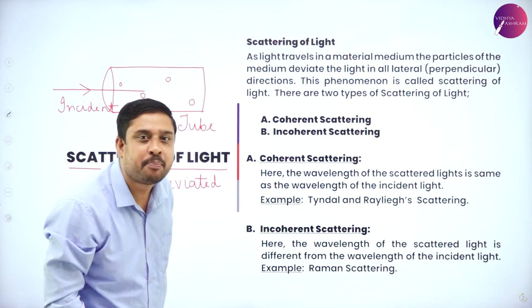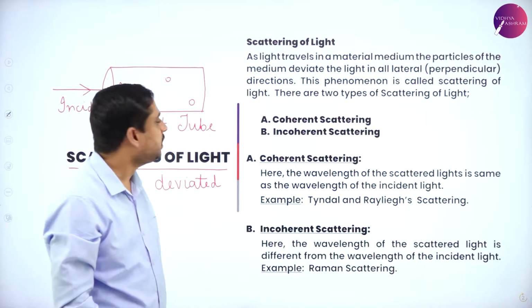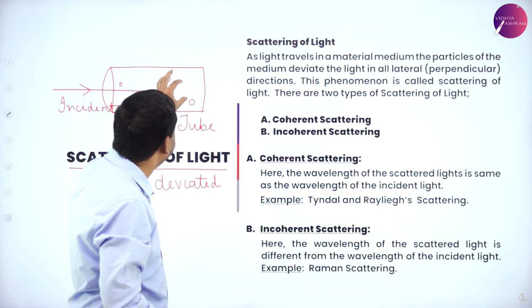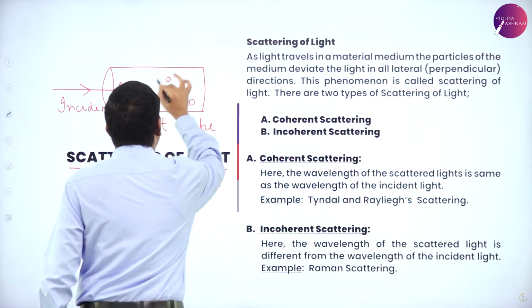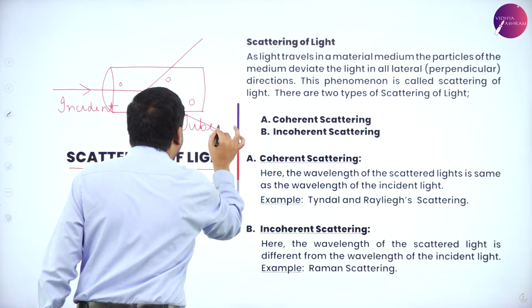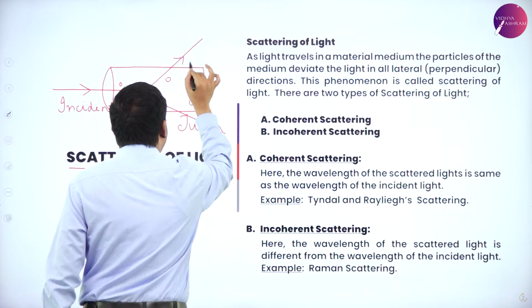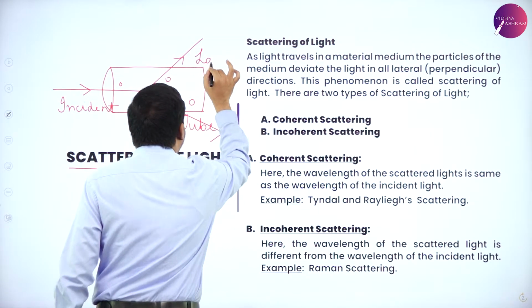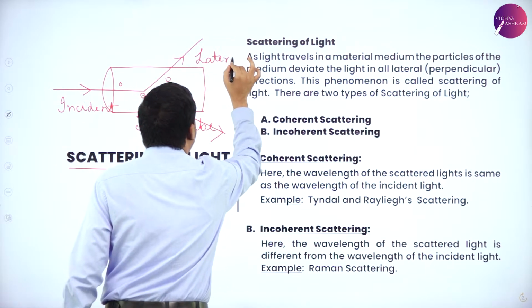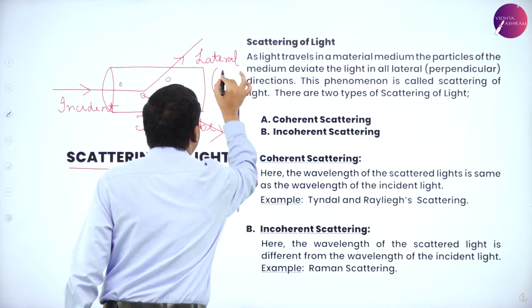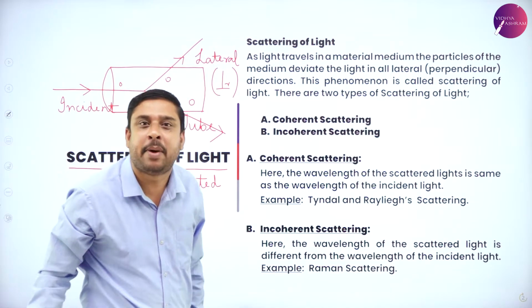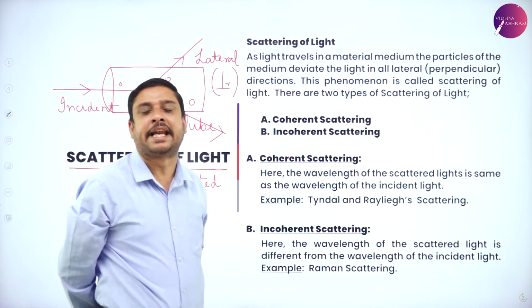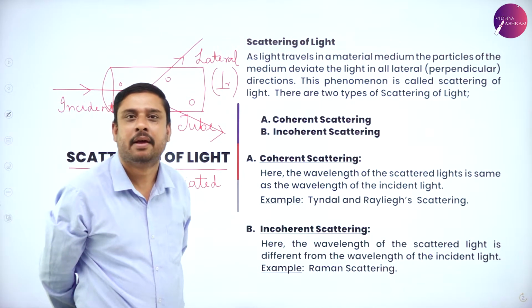Now what happens is the particles of this medium will deviate light in all lateral directions, where lateral means perpendicular directions.